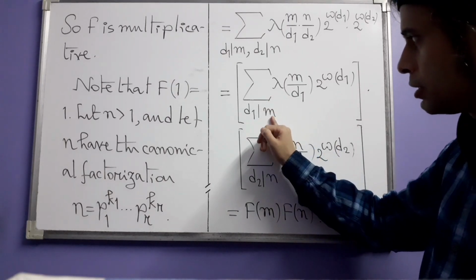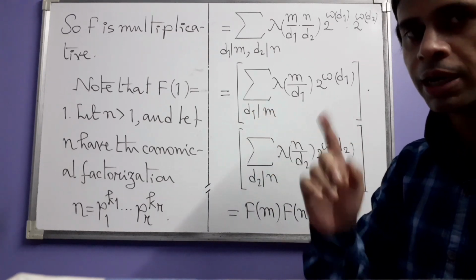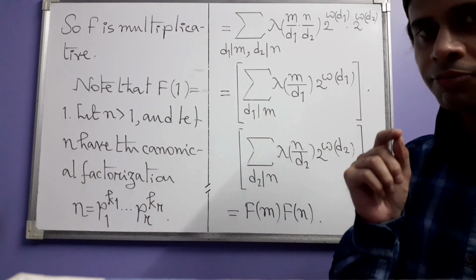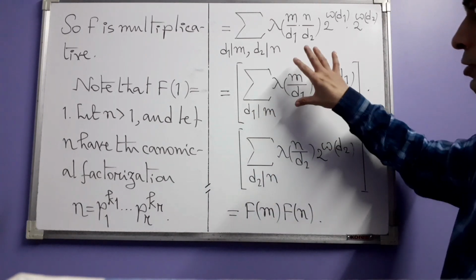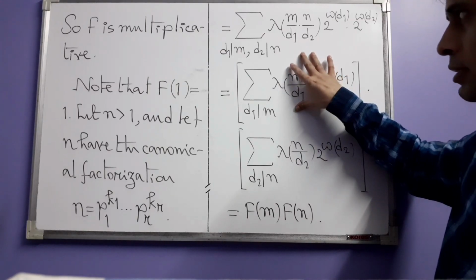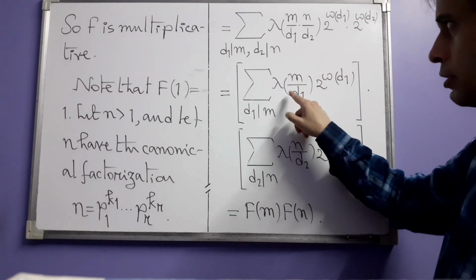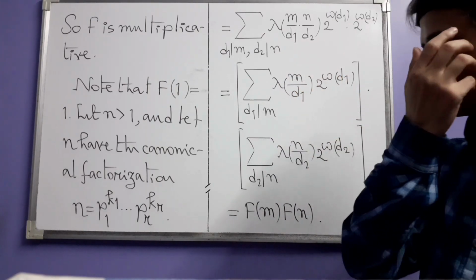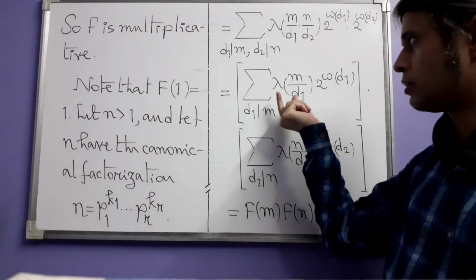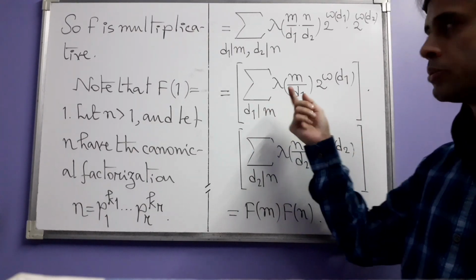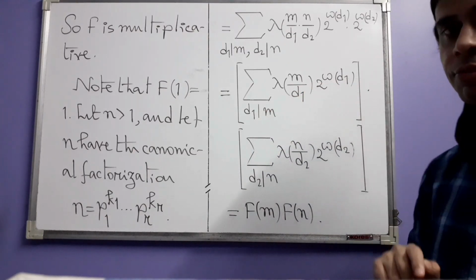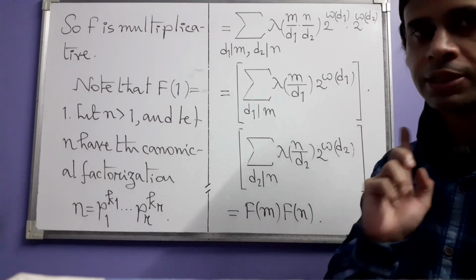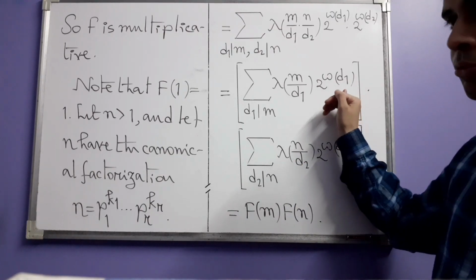The only positive divisor of 1 is 1 itself. That means the only value of d1 is 1, and accordingly there will be only one term in this sum, where m is 1 and d1 is also 1. So you have lambda of 1 times 2 to the power omega of 1. Lambda of 1 is 1, omega of 1 is what?